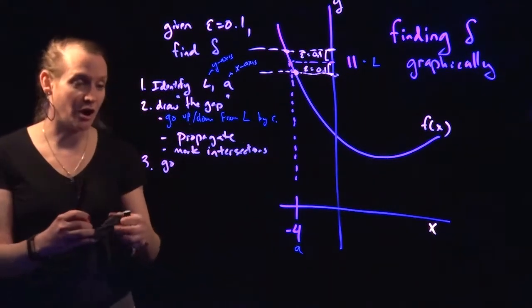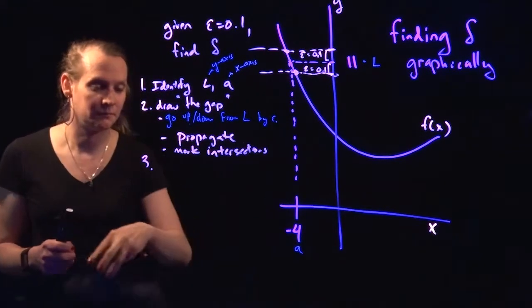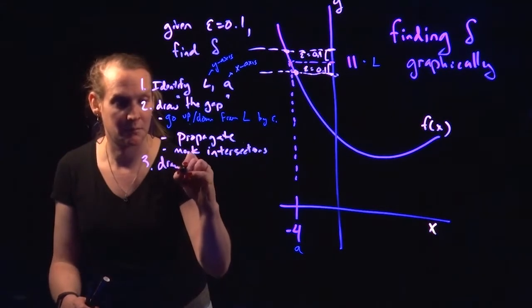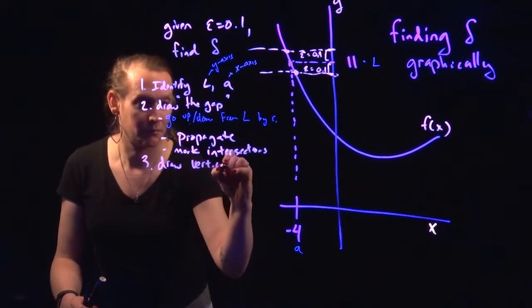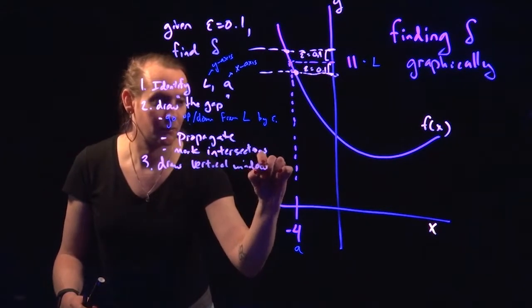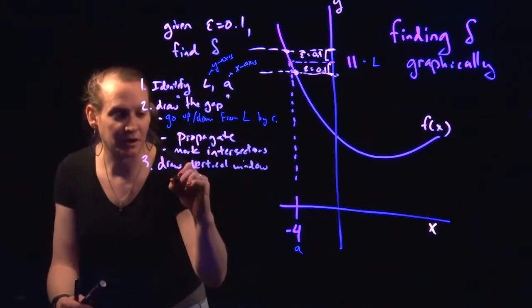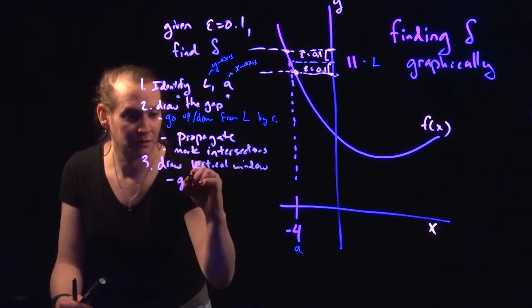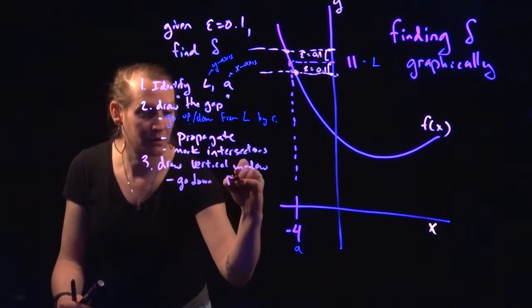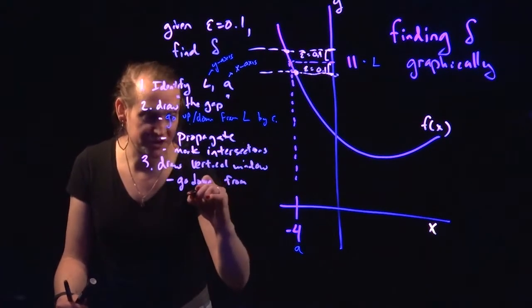So now we're going to draw a vertical window. And so I'm going to go down from my intersection points.